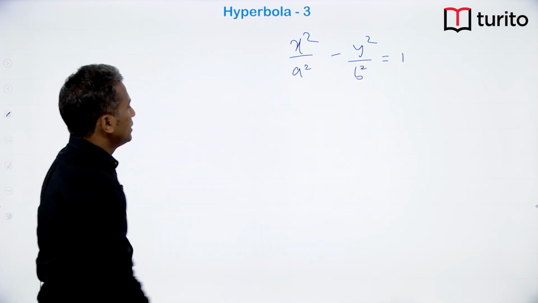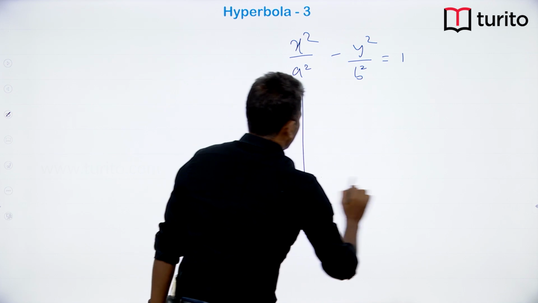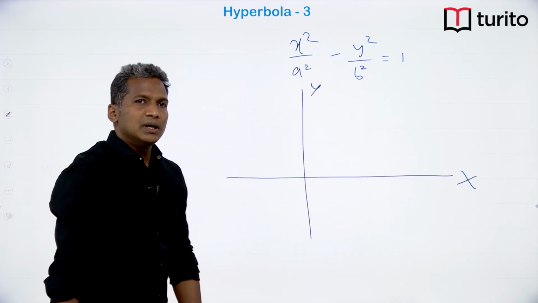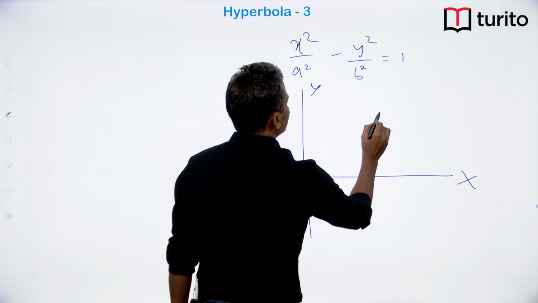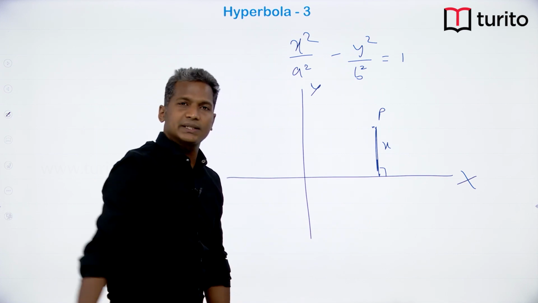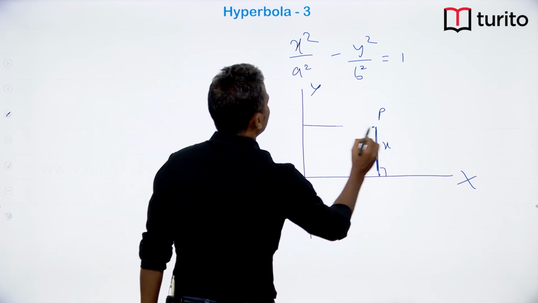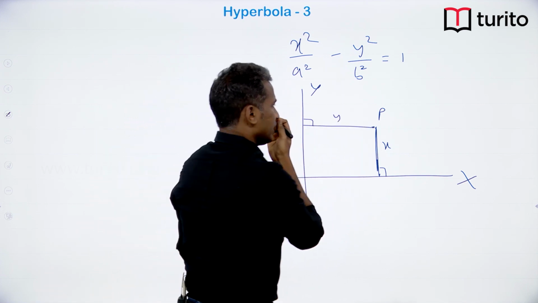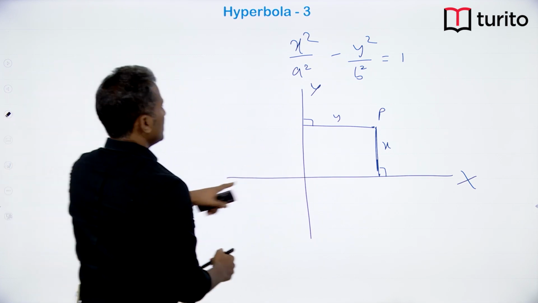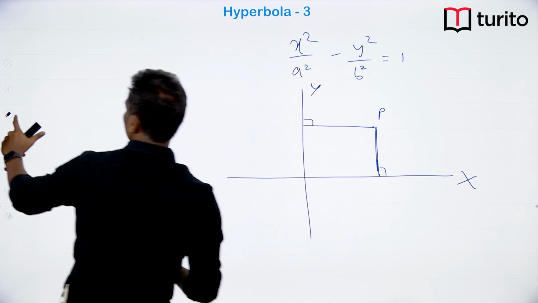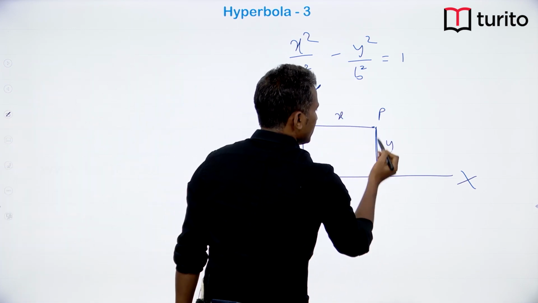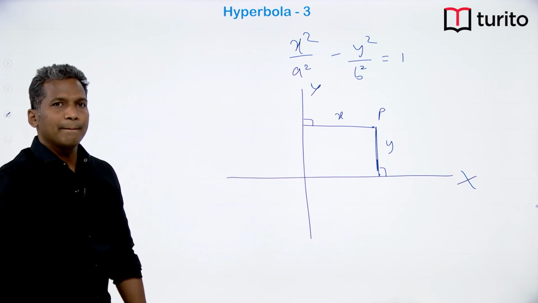Here there are two perpendicular lines, the x and y axis. Now, there is one variable point P whose distance from the y axis is x, and distance from the x axis is y.